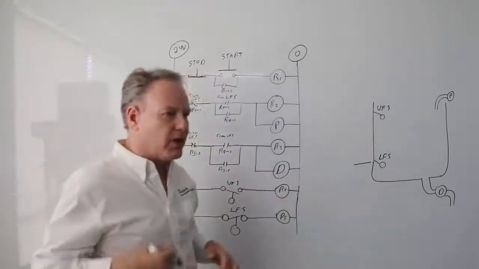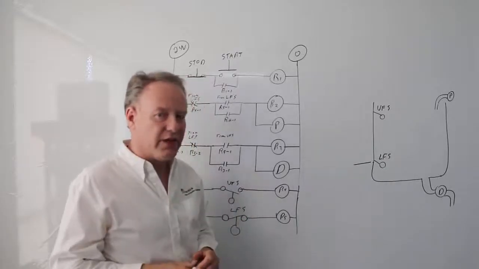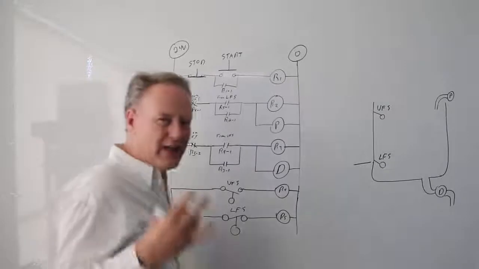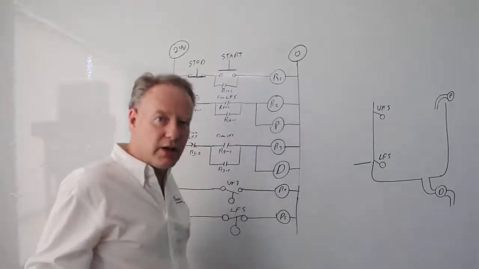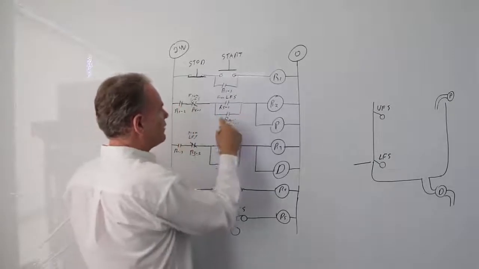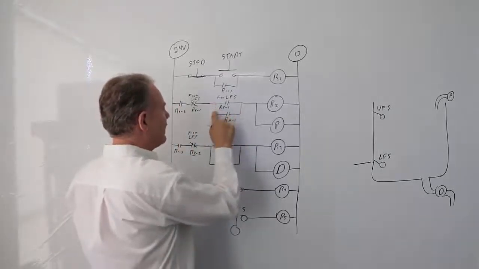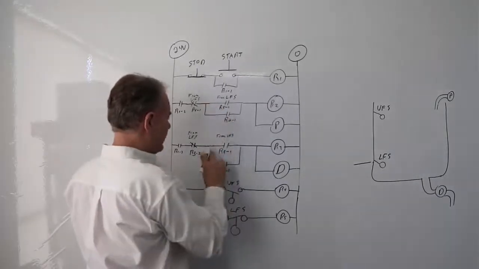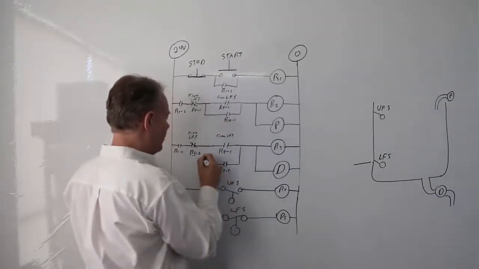Well, going back to one of the other lecture videos, where we had a holding circuit that had two things in it, I'm going to expand that concept over here. I'm going to take this guy and put him over here. I'm going to take this guy and put him over there.